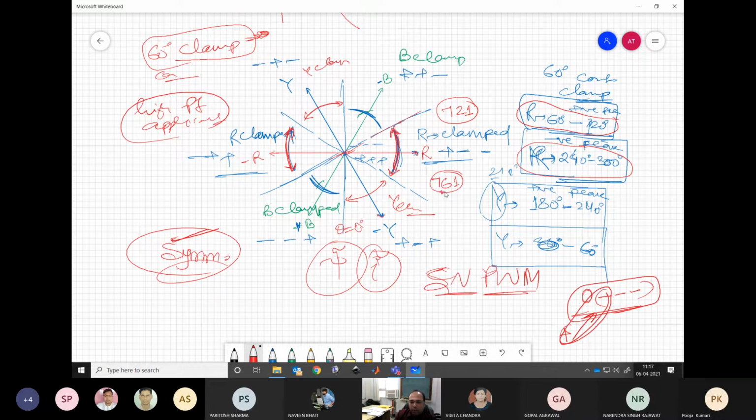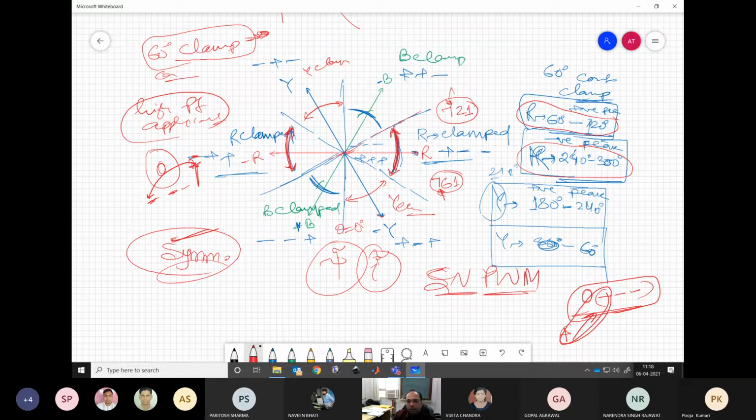That is why only zero vector 7 is used in these sequences during this interval. And similarly here, because we have R phase at negative, we will use only zero vector 0, which is minus, minus, minus, so that there is no change in R phase, no change from this state to this state. Minus to minus, there is no change. So this is how we can achieve clamping.